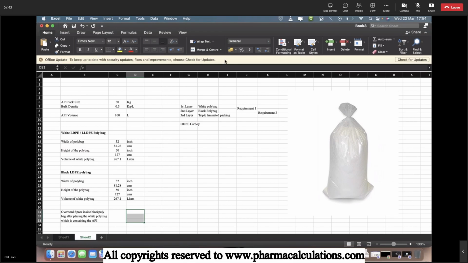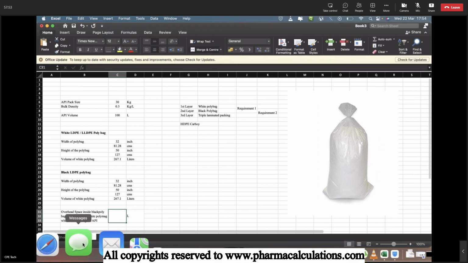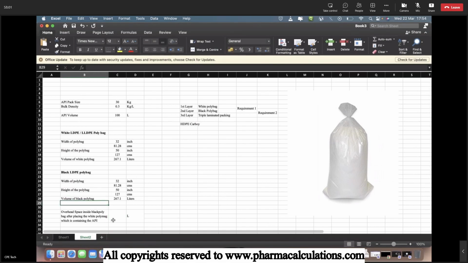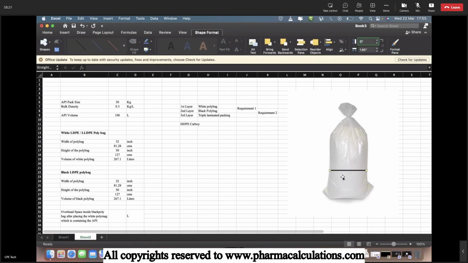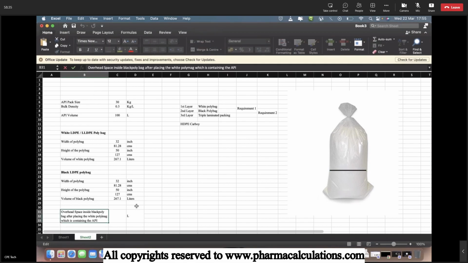First of all, let's mention this as black polybag. Let's say we have packed the material only up to this level, and the above level is going to be the overhead space. So the overhead space inside the black polybag after placing the white polybag which is containing the API.